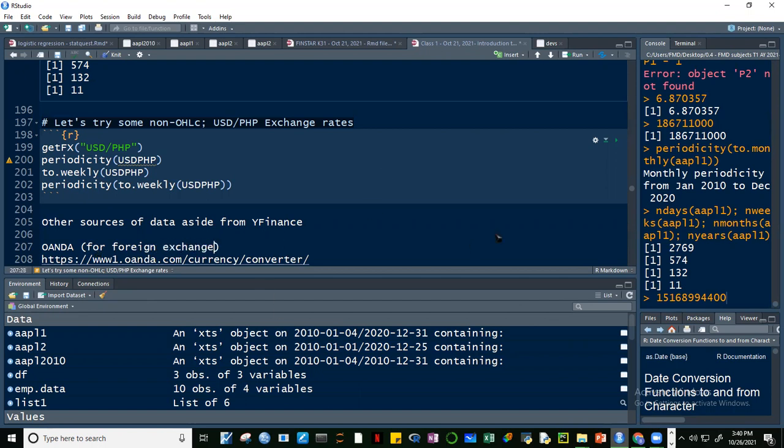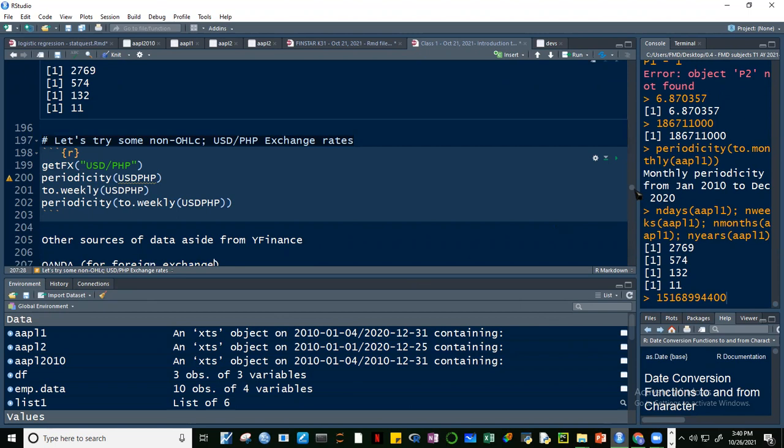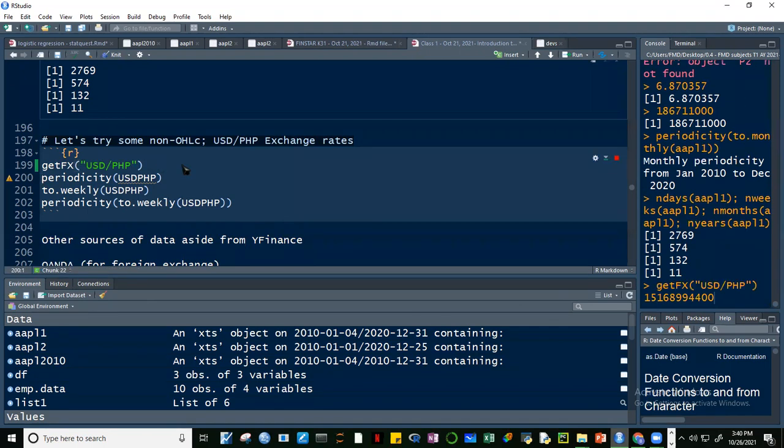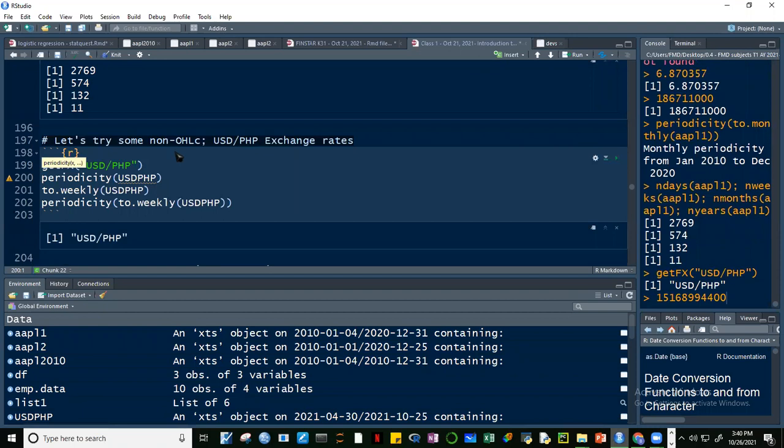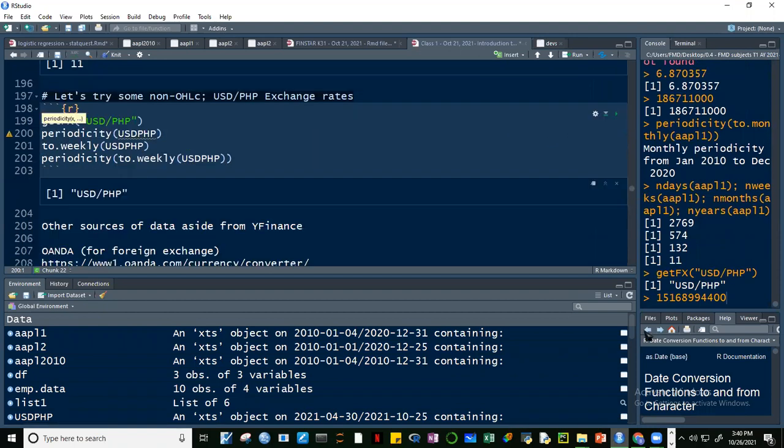We can also get some data from Yahoo Finance. So for example, the code is getFX. So let's say US dollar, Philippine peso. Let's try this. Okay, so it will only give us one here.